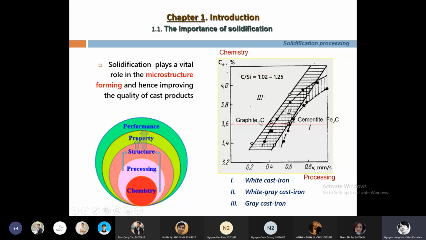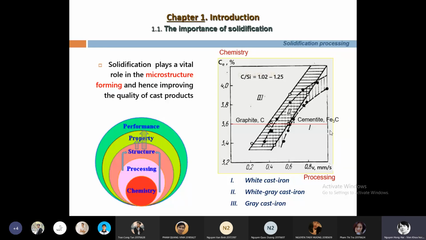So graphite is a stable form of carbon, and cementite is an unstable form. With time, the cementite will transform to graphite. But the time for transformation from cementite to graphite is very long. So nowadays you can consider cementite as a stable phase also.